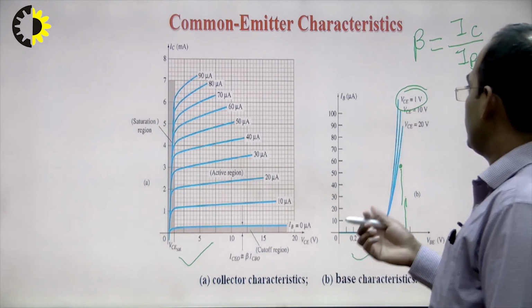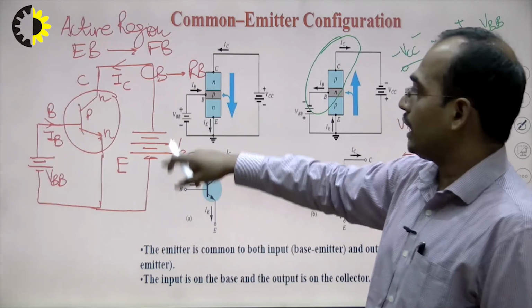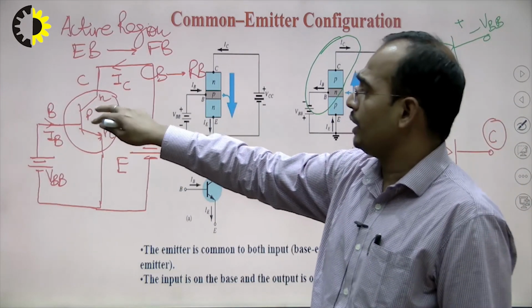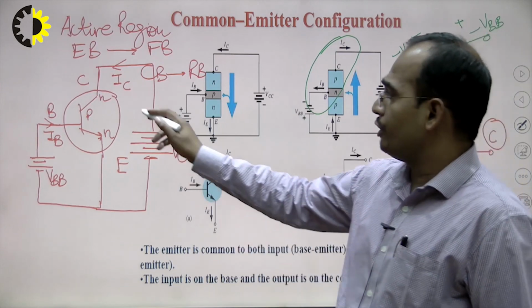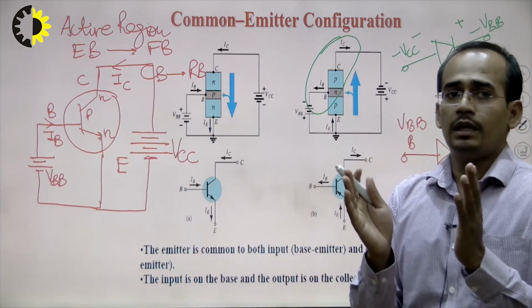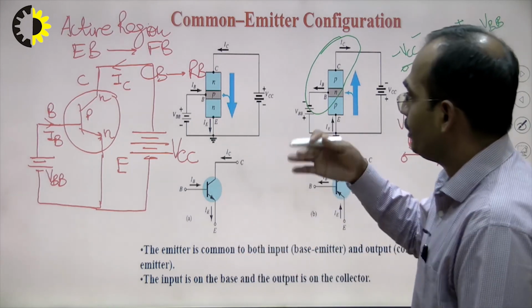So, what does it mean? As I am increasing the reverse bias voltage VCE, the recombinations in the junction will reduce, because you are reducing the effective width of the base. By reducing the effective width of the base, the current will increase.